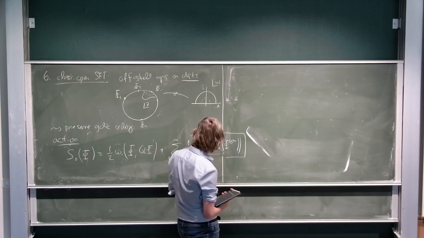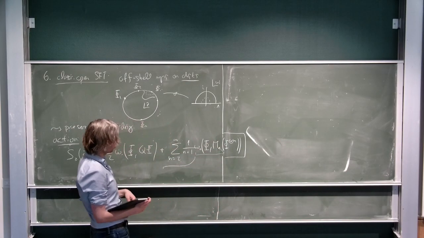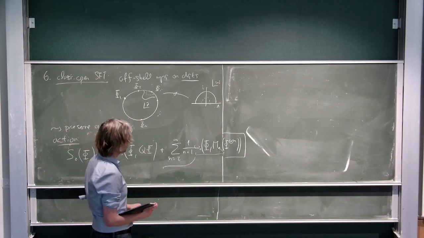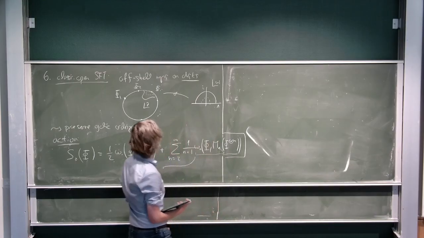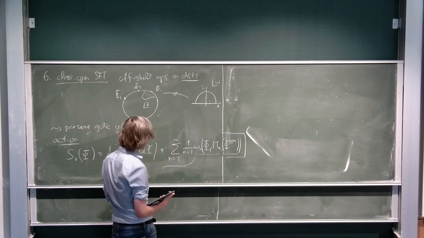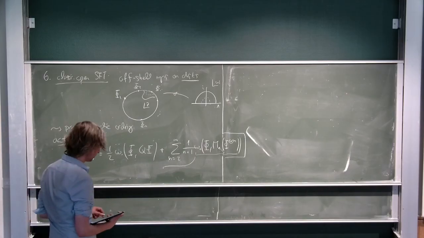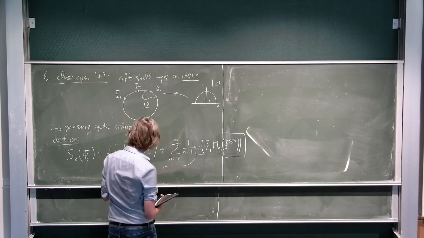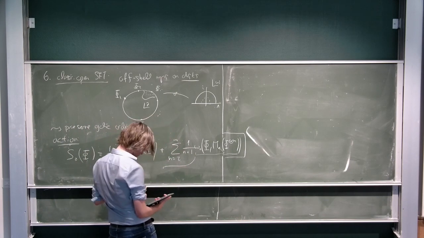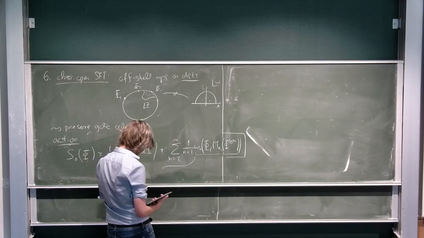But now there is no requirement on the graded symmetry of these products M. The only restriction which I am putting is that these products are graded cyclic with respect to this non-degenerate bilinear form, which gives us these open string vertices. So these open string products Mn are just graded cyclic.